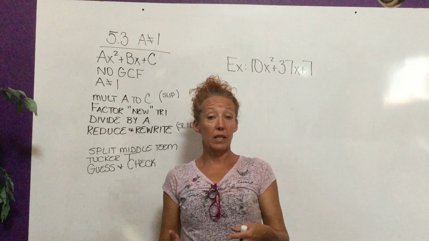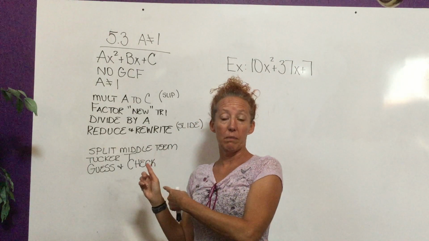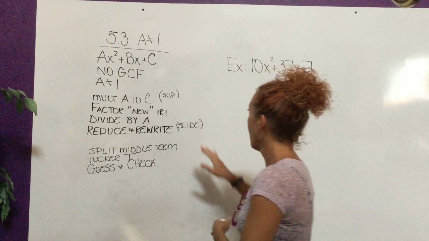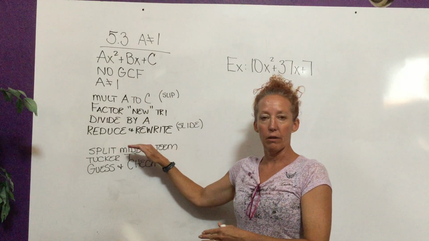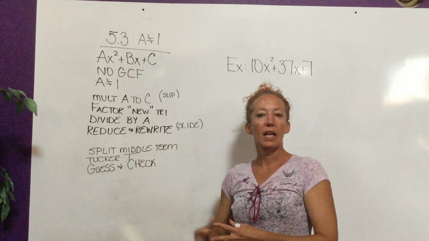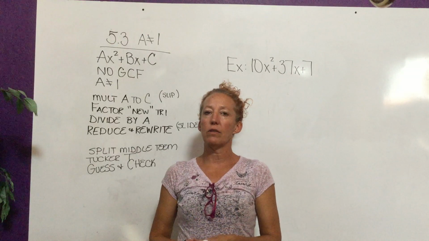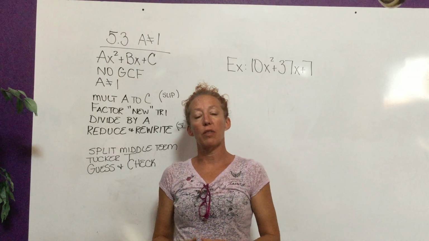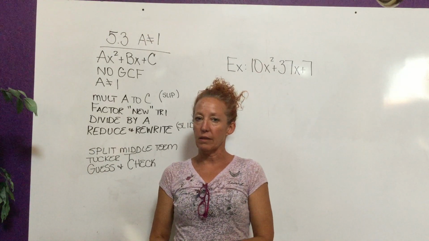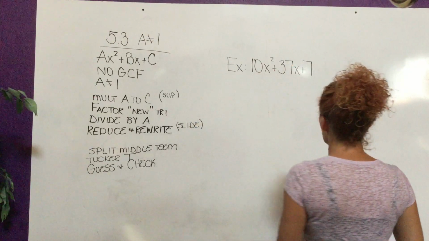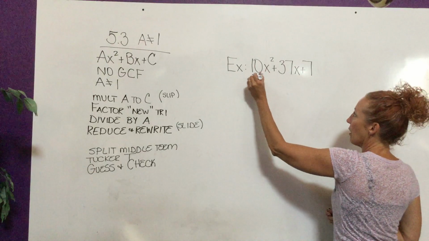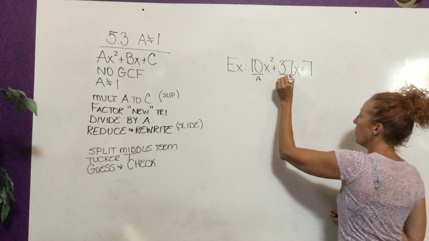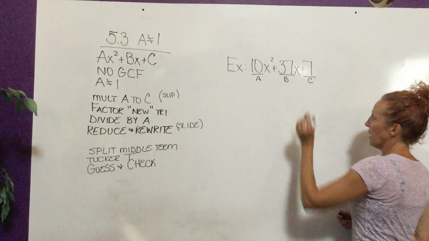If all of those things happen, then this is the method you want to use. So I've written our steps right here: 1, 2, 3, 4. It's going to seem kind of tricky at first, so give yourself some grace to go through 2 or 3 of them with me, and I promise you it does get a little bit easier each time you go through. So here's our A, our B, and our C.